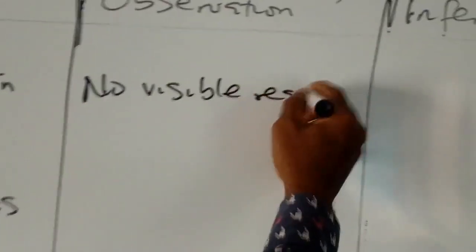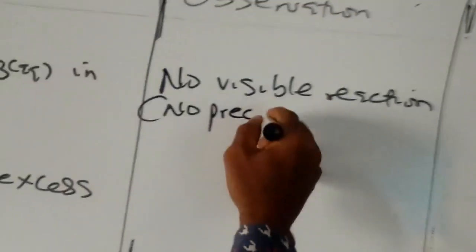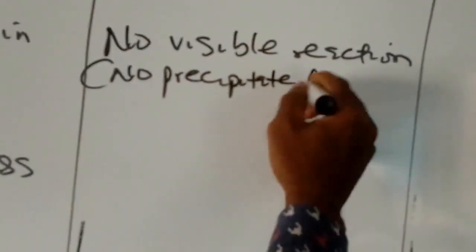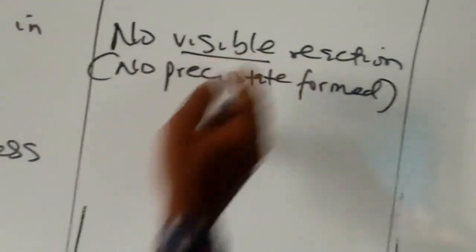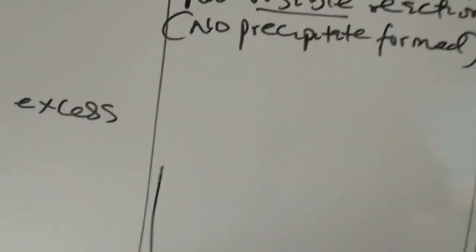We now go to the board. In drops, here I will say no visible reaction, or you can write no precipitate formed. It is wrong to write no reaction. You must put the word visible, showing that you did not see anything. There could be a reaction, but you didn't observe it.